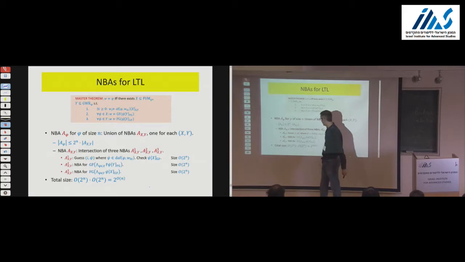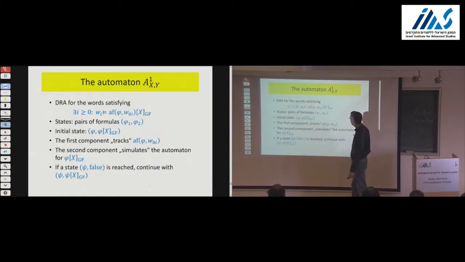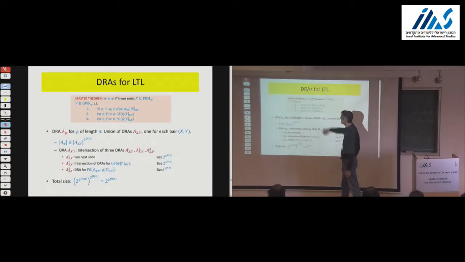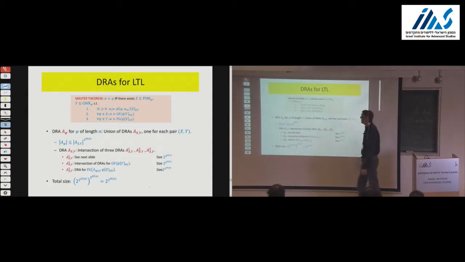Essentially, that's what happens. Anyway, some of you will have some use for the automata, definitely, because they are needed for probabilistic model checking.